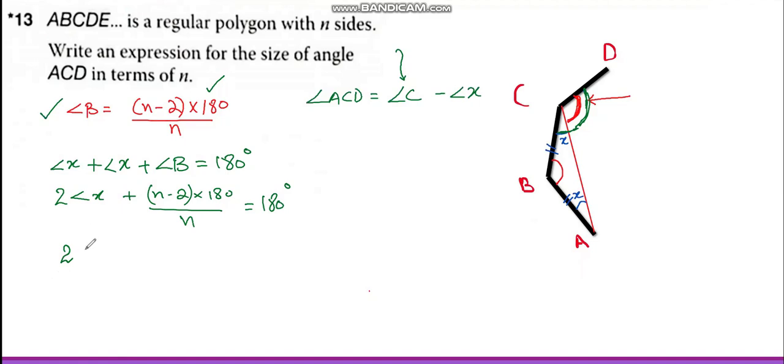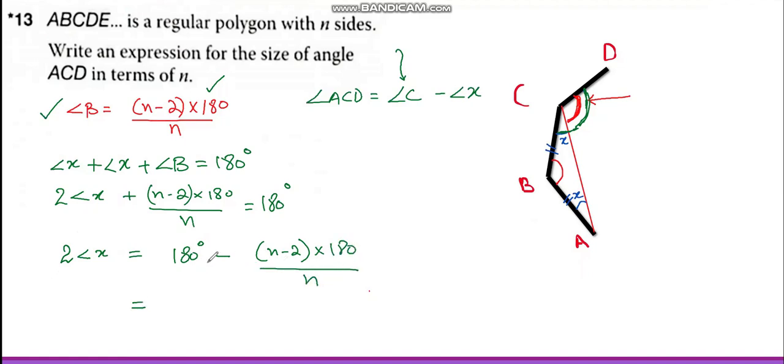Now we can shift the other terms to the other side, and we will write 2 times angle x equals 180 minus n minus 2 times 180 divided by n.